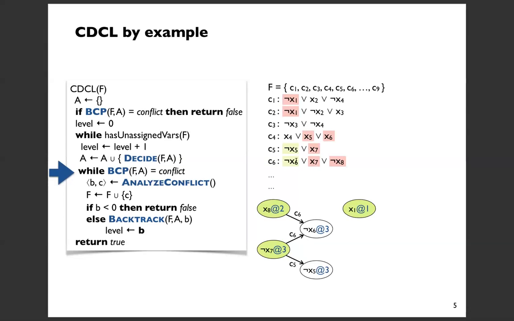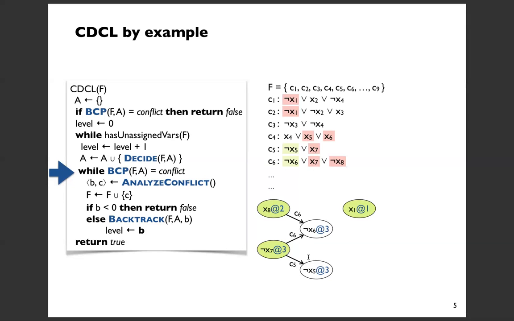So, once C5 becomes unit and you infer something on X5, that results in a chain of events. So in C6, X8 is already gone.